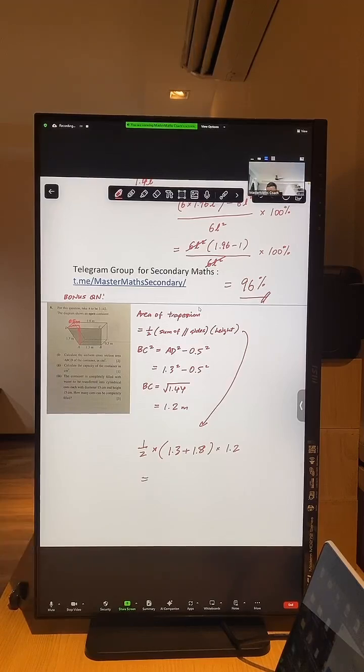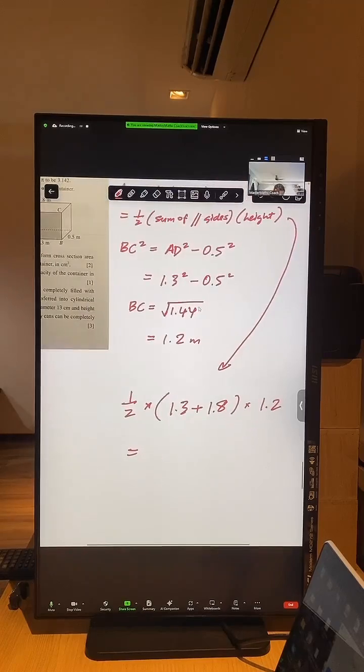Okay, so key that into your calculator and you will get 1.86 meter square. 1.86 meter square. So that's part A, guys. Okay, do you all get that?